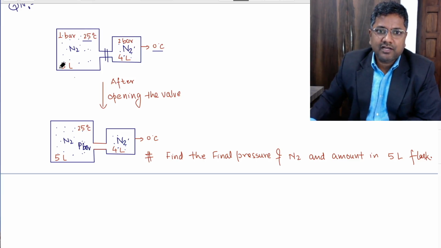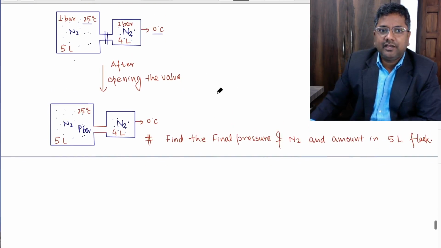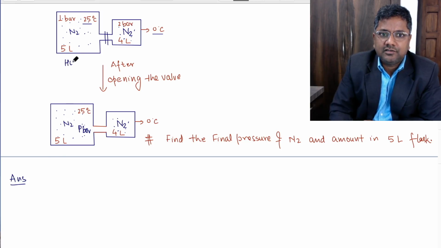So whatever number of moles of nitrogen are here, and the number of moles of nitrogen here, they are constant before and after. So we can write: this is the hot part of the system and this is the cold.